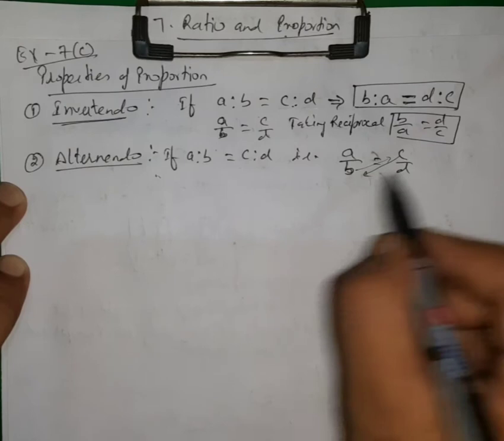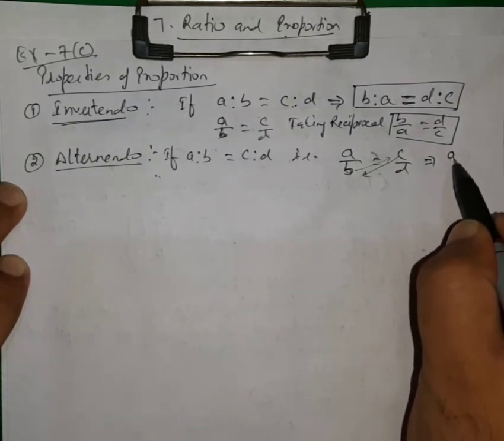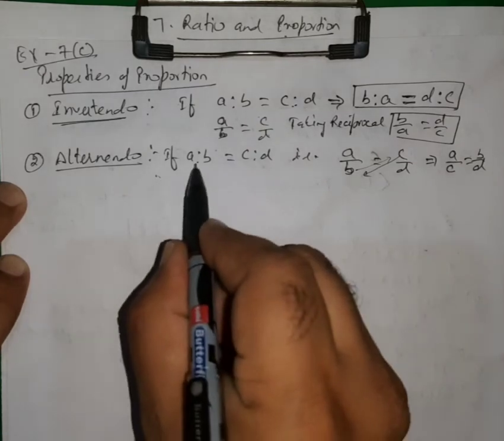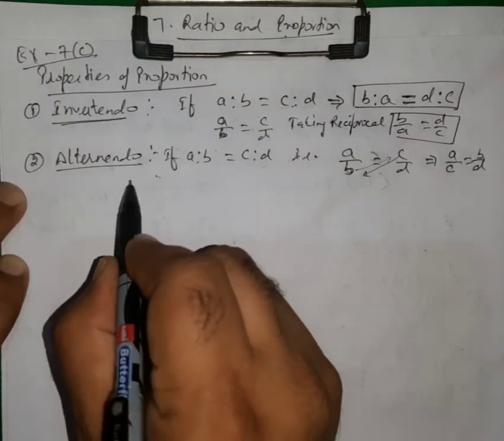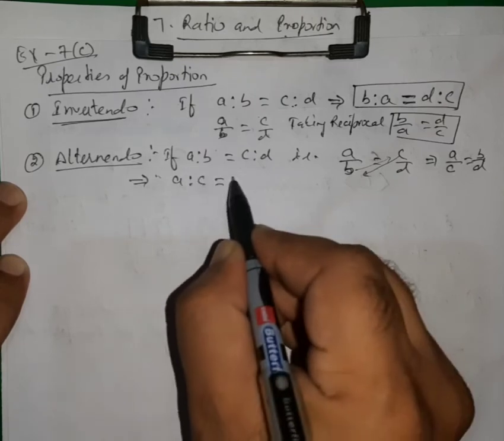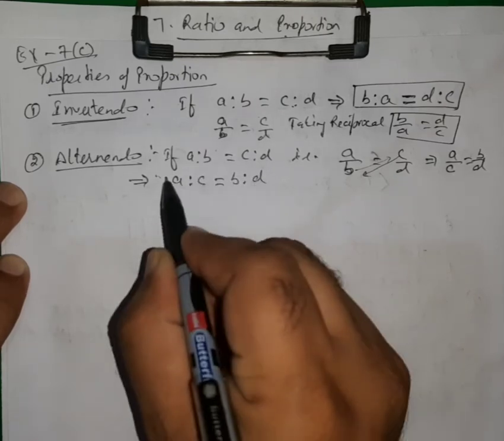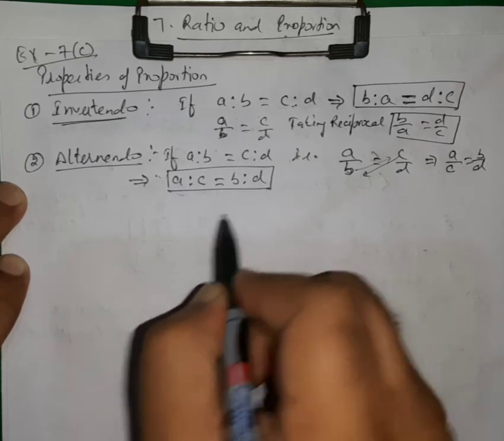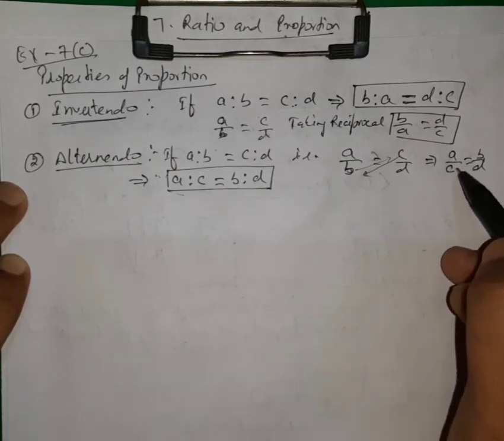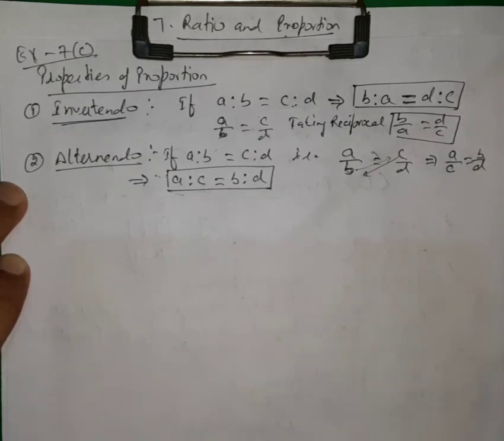This will give us A over C is equal to B over D. So if A is to B is equal to C is to D, then A is to C is equal to B is to D. This property is called alternando, and this is obtained by simply interchanging the position of D and C.